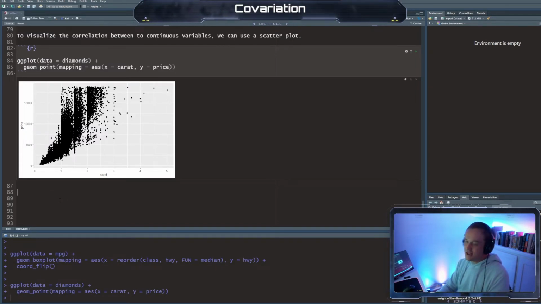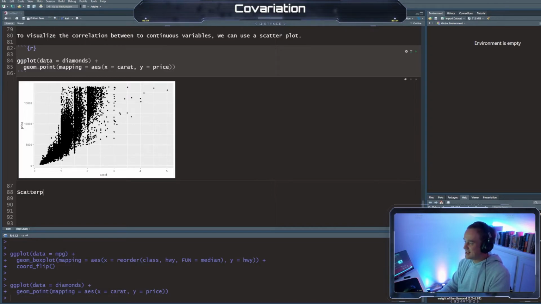The last thing I want to do: if you have a really big data set, you just get this ink blot, where you get a whole bunch of black. We can tidy this up.